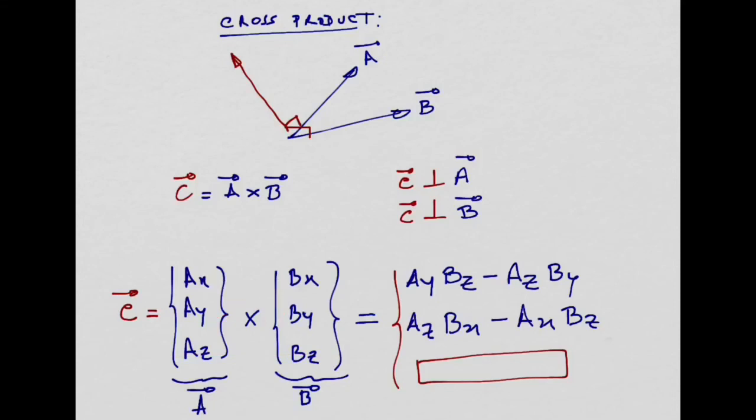If I want the X component, I ignore this and do this cross product. If I want the Y component, I ignore this and do this cross product. It works like that.